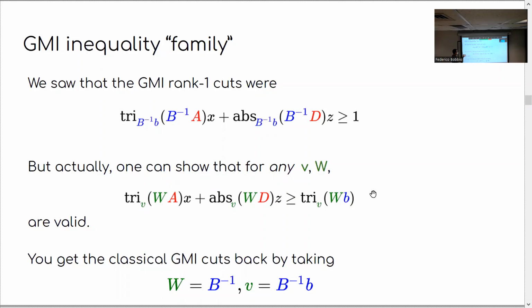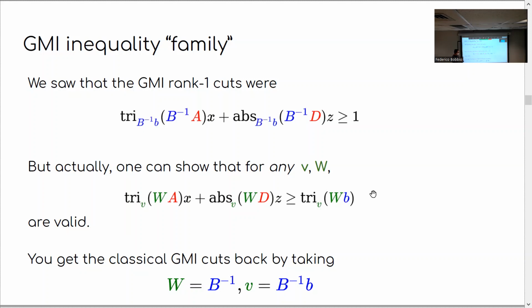And this b minus 1, I could replace by an arbitrary matrix w. And then on this side, instead of the 1, I need to have this guy instead. But these are valid inequalities, no matter the v and the w. You can show this. And then you get the classical GMI cuts back by choosing a specific value for w.